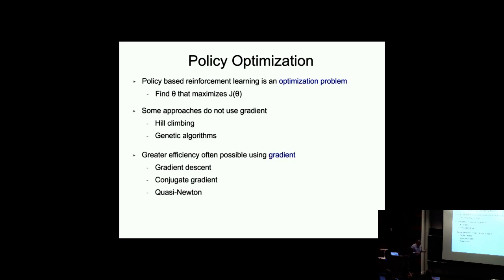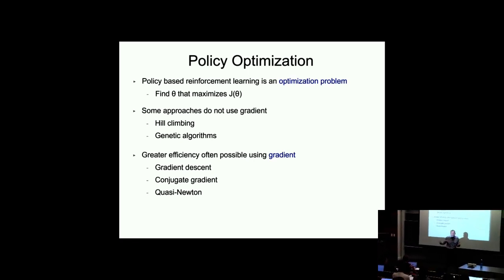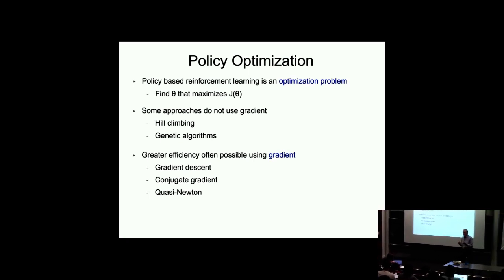So now again, we're going to focus for the rest of this lecture on the episodic case because it's easier to think through. But really all the ideas we're talking about transfer pretty directly to continuing environments. And so now that we know what the objective function J of theta is, how are we going to optimize that?